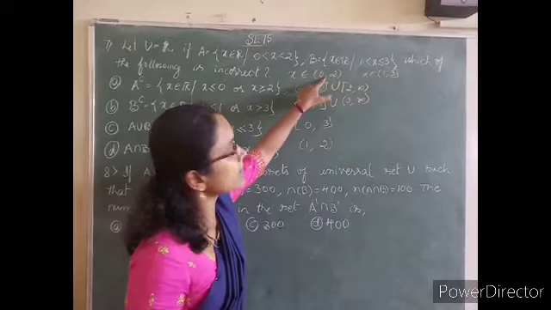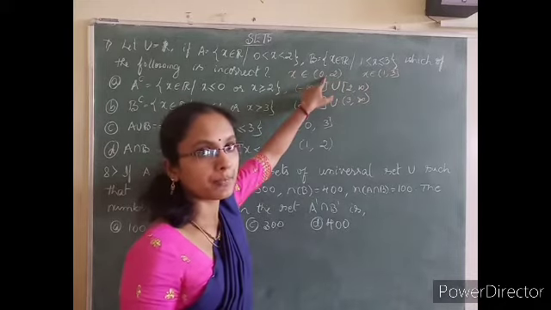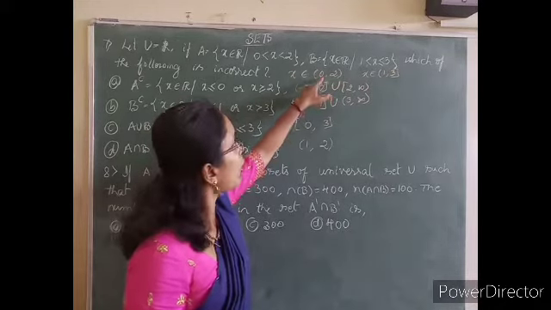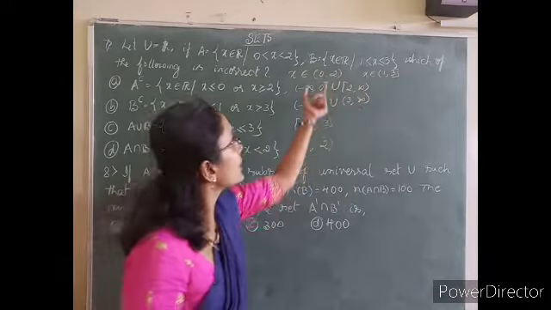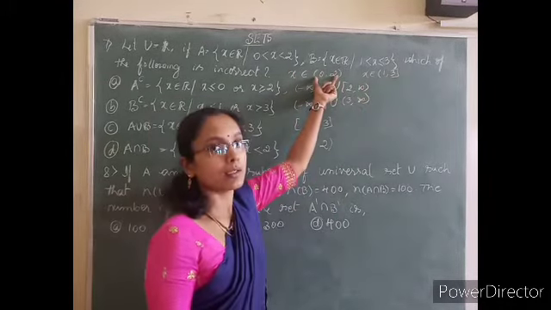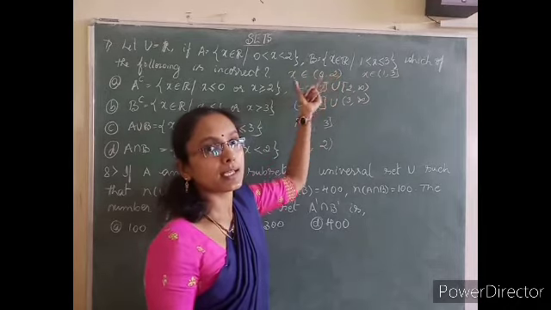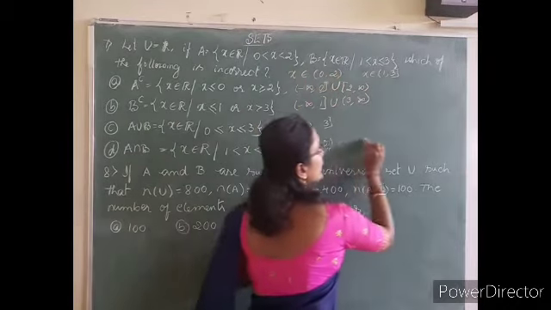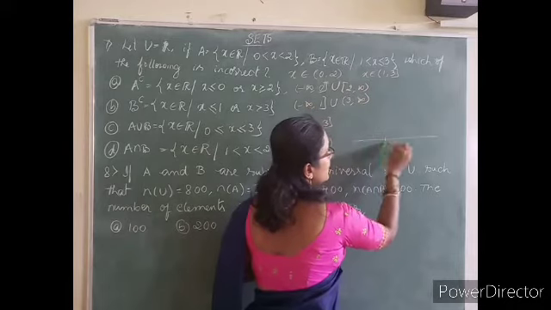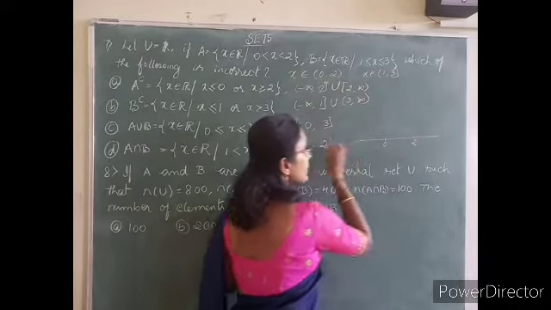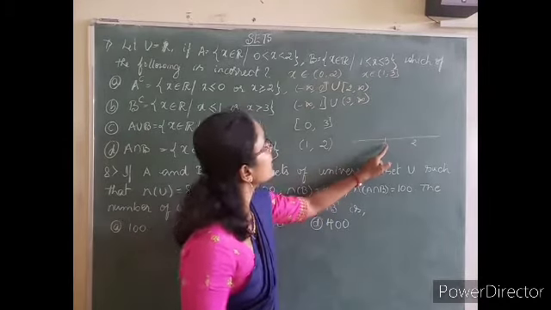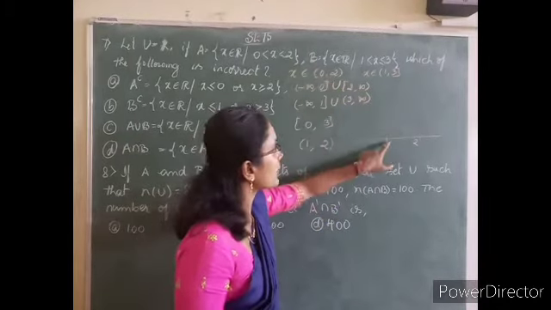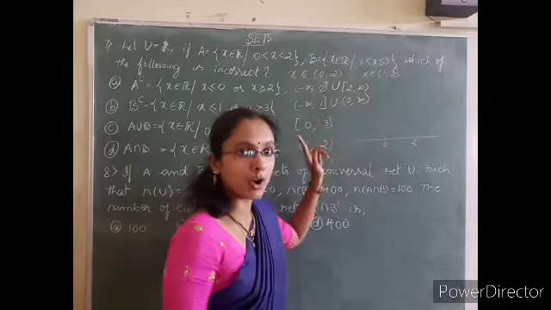So this is the set A, the open interval. The complement of this is, in the entire real number system, everything other than this one. So in the real number system, except 0 to 2, all others are in the complement, that is minus infinity to 0. Here 0 is not included in the set, therefore 0 is included in the complement.